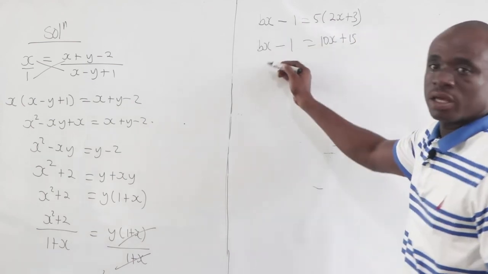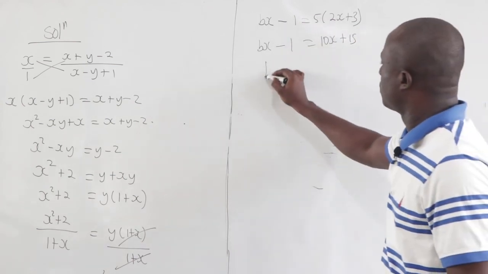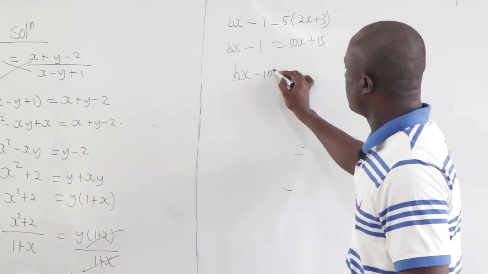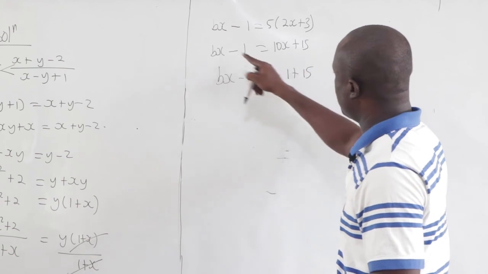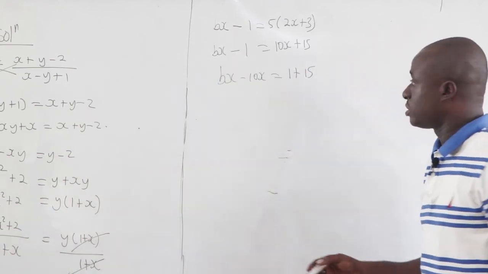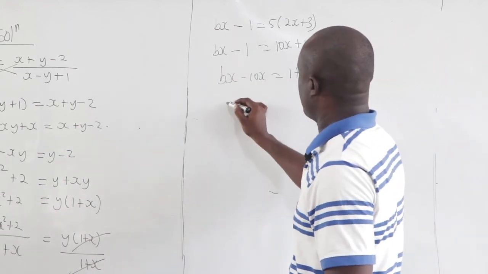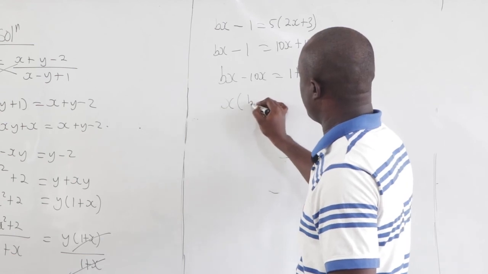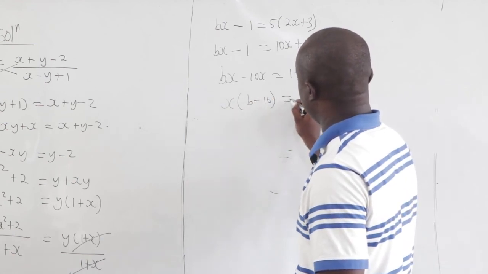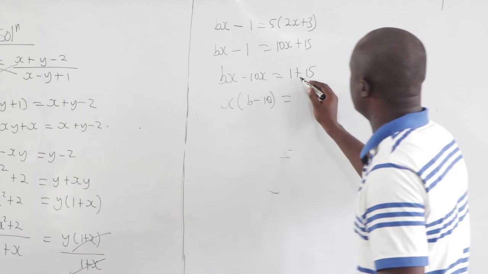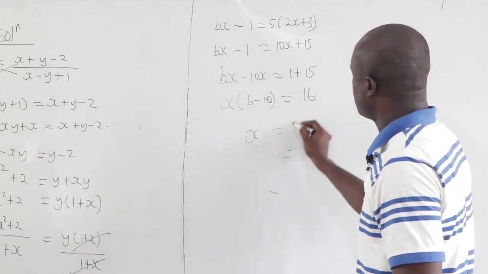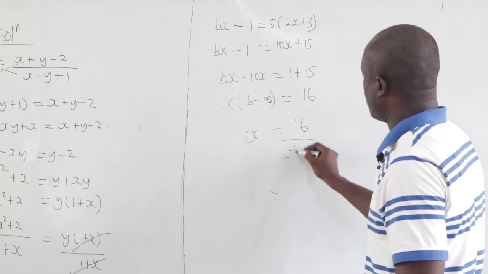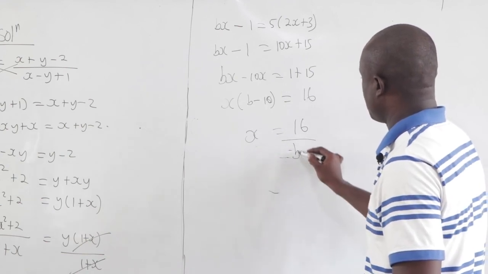Let's group like terms: bx minus 10x equal to 1 plus 15. Negative 1 crossing becomes positive. Now we factorize x out, we have x times (b minus 10) equal to 16. Clearly our x is 16 all over b minus 10.